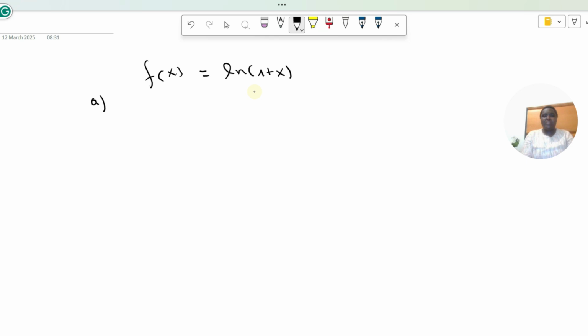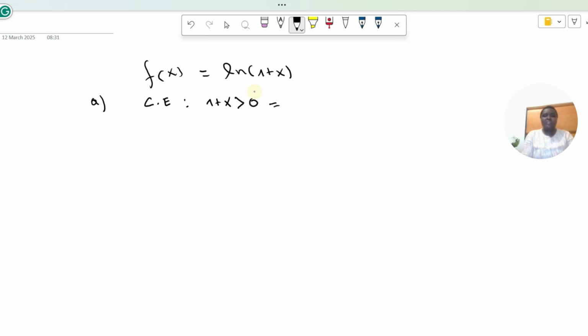To find the domain of definition, we need to know the condition of existence of this function. First of all, we have natural logarithm, and the natural logarithm is only computed for positive numbers. So the condition of existence of this function is that 1 plus x should be greater than 0.